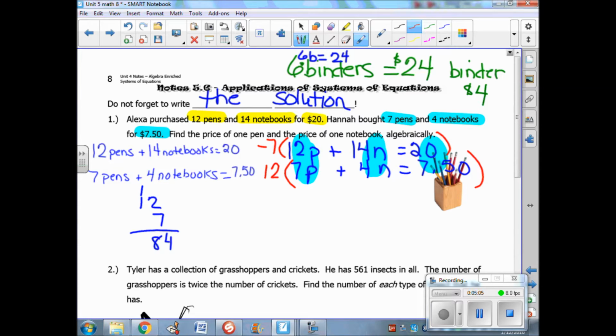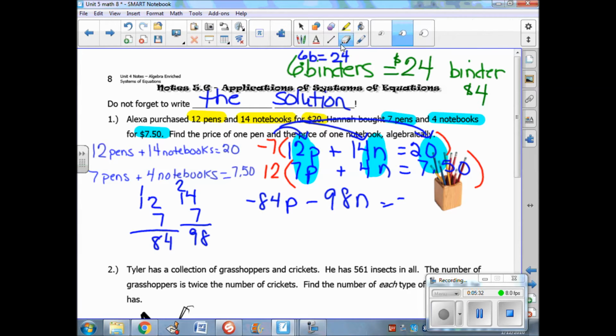For those of you who still don't see it, let's distribute and rewrite. We end up with negative 84p minus, what is 14 times 7? 98, minus 98n equals negative 140.